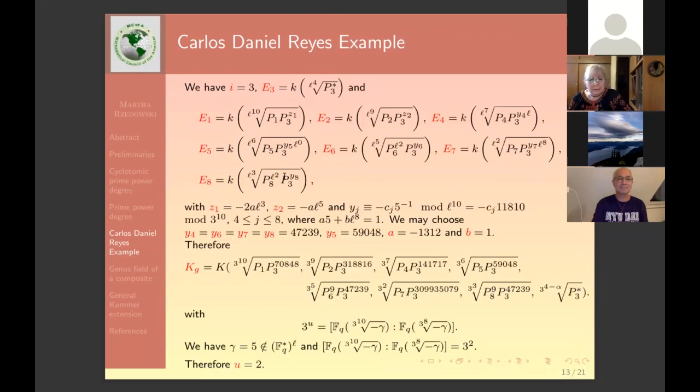The others are like this. And then finally, the genus field of the original field is this complicated expression. So you can imagine that it gets very complicated when we are in more general settings, but still it's explicit.